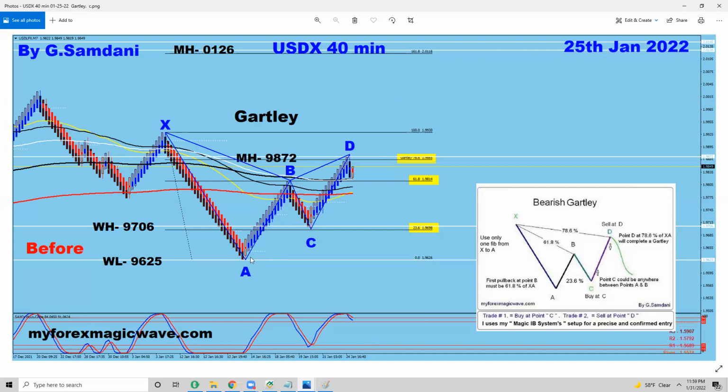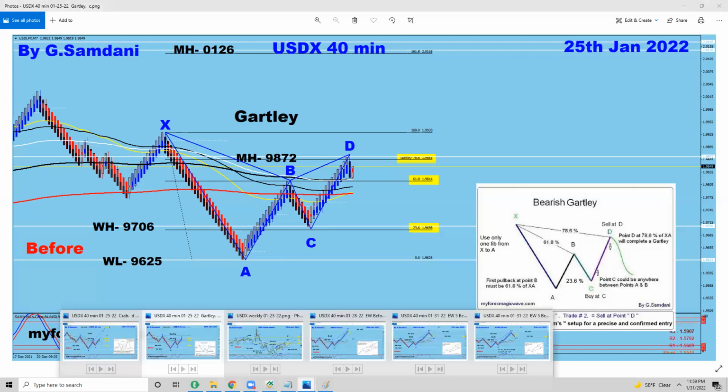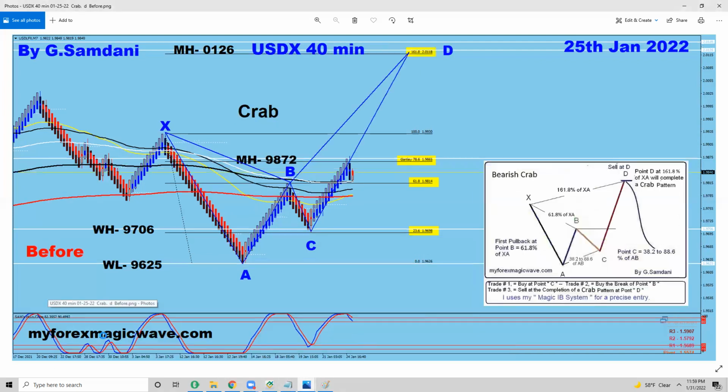A crab pattern is basically made by three waves, 1, 2, and wave 3. Since we measured, this is how it is. Let me show you the diagram. It's supposed to be like this. So I said, if the news comes out good for USD on FOMC, this will rise and end up making a crab pattern, which ends if you pull the Fib XA to 161%, like in this diagram here.